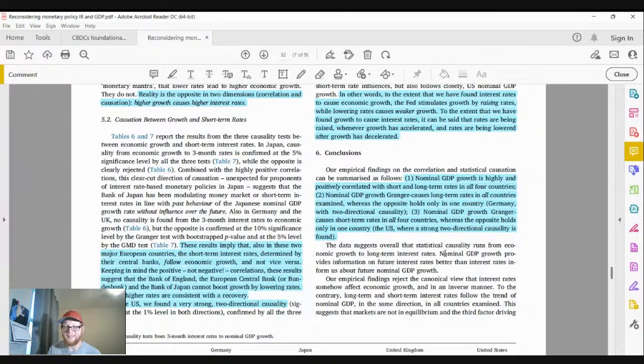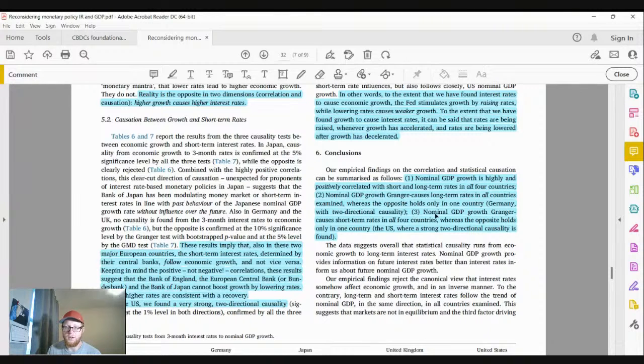One, nominal GDP is highly and positively correlated with short and long-term rates in all four of these countries. Two, nominal GDP growth Granger causes long-term rates in all countries examined, whereas the opposite holds only in one country, which is Germany.